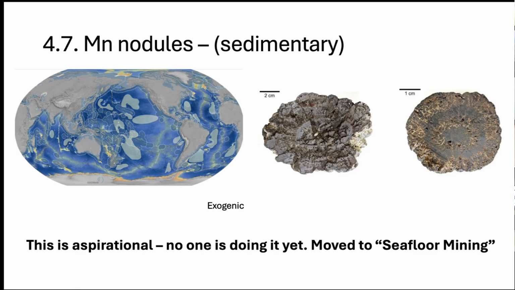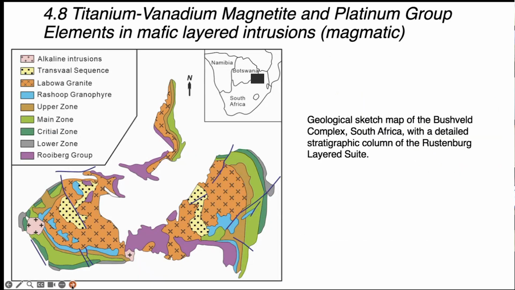So people have been thinking about mining these for a long time, but nobody's doing it yet. So we will talk more about manganese nodules in the section at the end of the class on seafloor mining. And instead, we'll move on to titanium, vanadium.